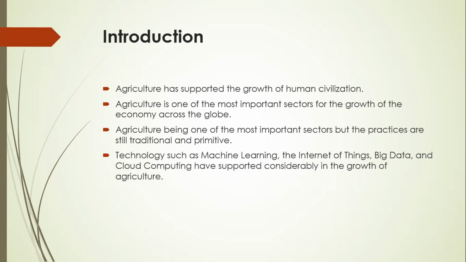Nowadays a lot of technology like machine learning, Internet of Things, big data, and cloud computing have supported the growth of agriculture. We find drones and machine learning algorithms which can detect diseases or the health of the crop to help the farmers. This is how technology is evolving in the field of agriculture.